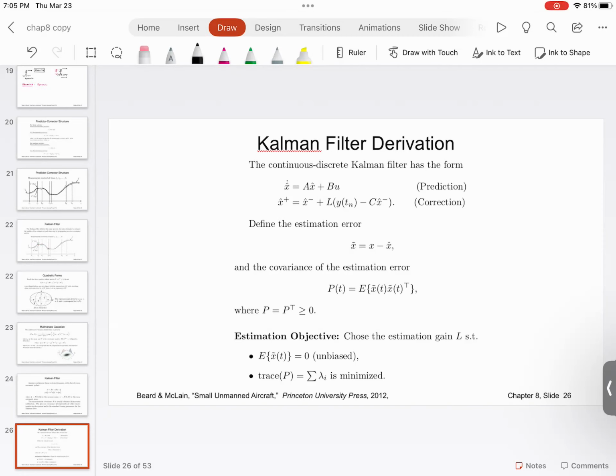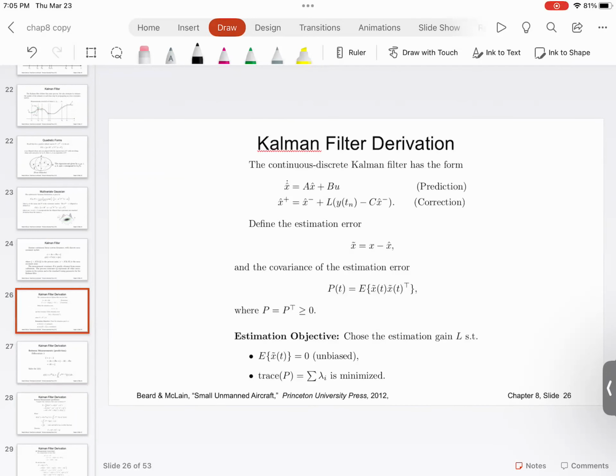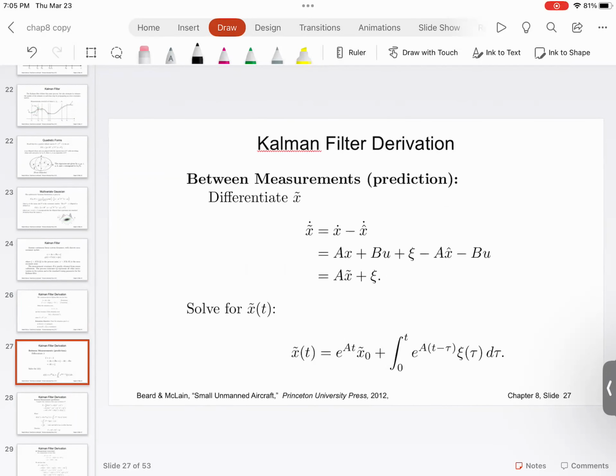And with that estimation objective, in between measurements, you can perform prediction, and using the estimates, you can either numerically integrate. So this equation, what you see here, is the continuous time Kalman filter.